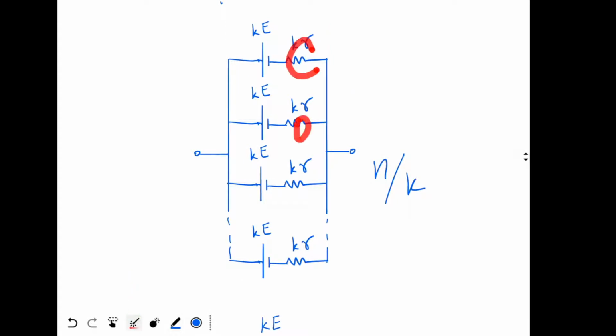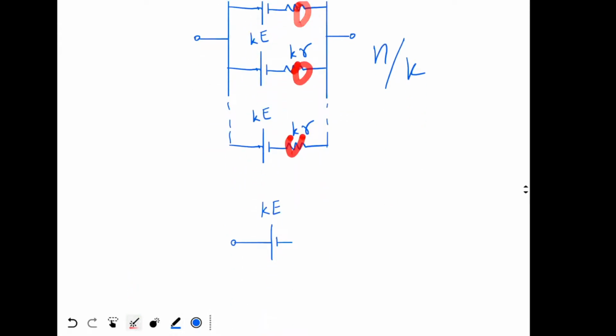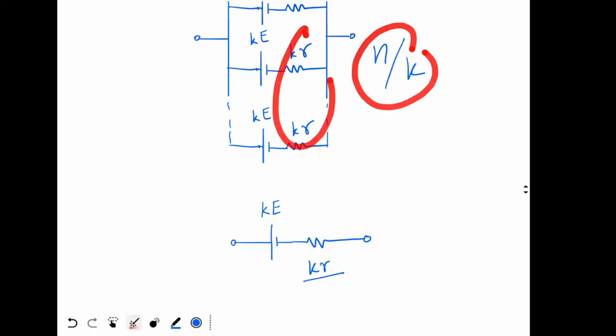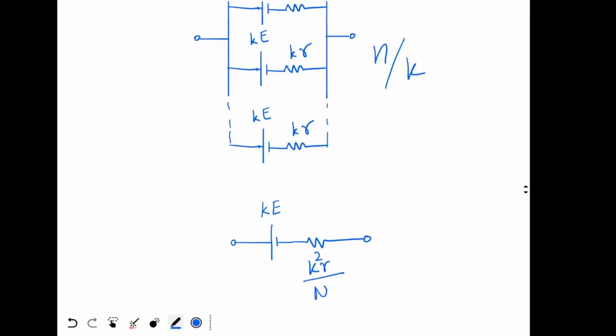The resistors behave as if they are in parallel, so the net resistance will be KR divided by the number of branches. Number of branches is N by K, so we get K square R by N.